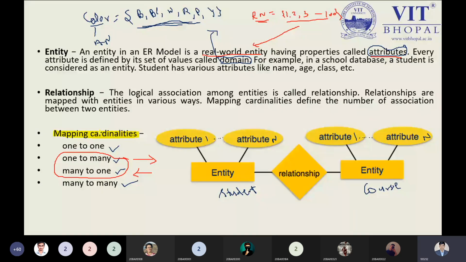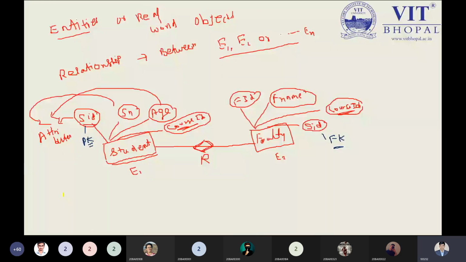So here I'm just explaining my idea with the help of my written material or design. So entity, or real world object we can say. So a relationship basically between our entities could be, suppose we have n entities, E1, E2 and so on up to En. So these entities can make the relationship.